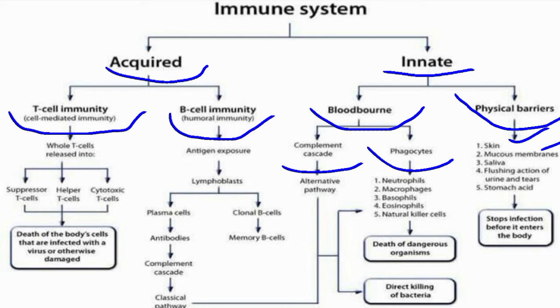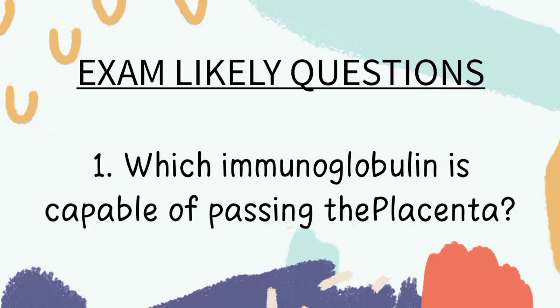Before we end this video, I have some very cool exam-like questions for you. The first thing I have here is number 1. Which immunoglobulin is capable of passing the placenta? I told you before. So what's the answer?